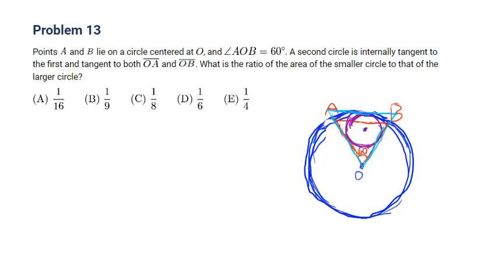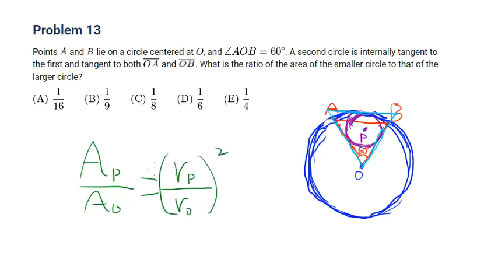Now, the ratio of the area of the smaller circle to that of the larger circle is basically this. Let's call this point P, with radius R. The area of the small circle, area P, divided by area O, because that's what a ratio is about, is equal to the radius of P over the radius of O, squared.